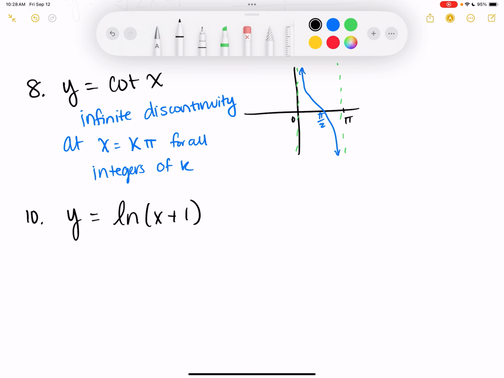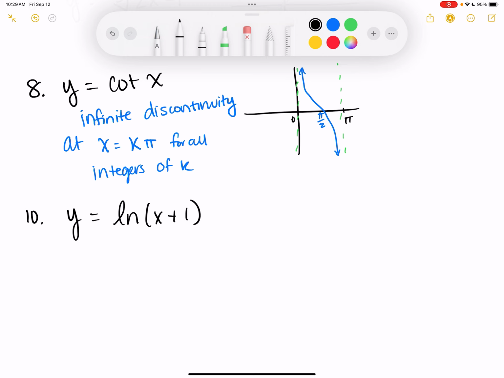the only place that this can be continuous is in its domain values. So only values from basically anything greater than -1 would be in its domain, right? Because that's what I was trying to show. The ln of 0 is undefined.